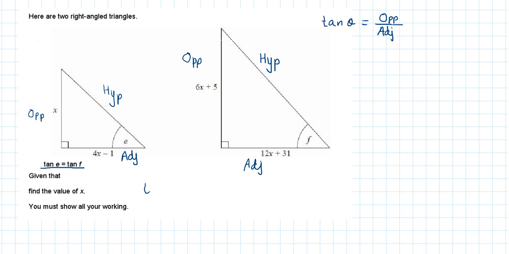So tan E, the opposite side is x divided by the adjacent, which is 4x minus 1. And for tan F, the opposite side is 6x plus 5, divided by 12x plus 31.